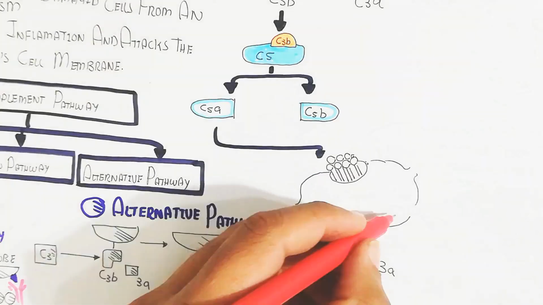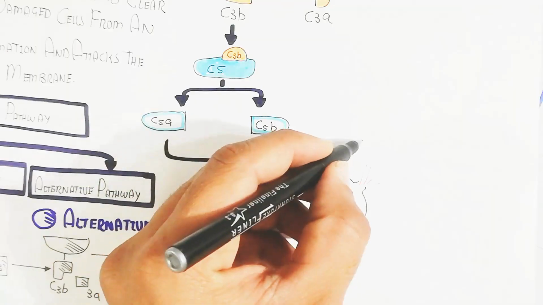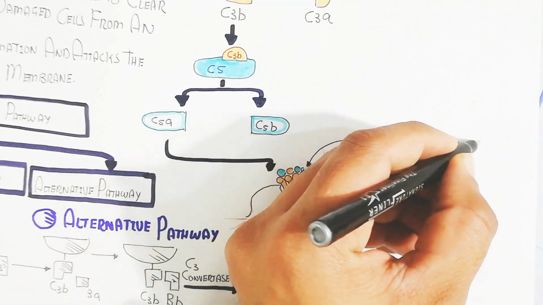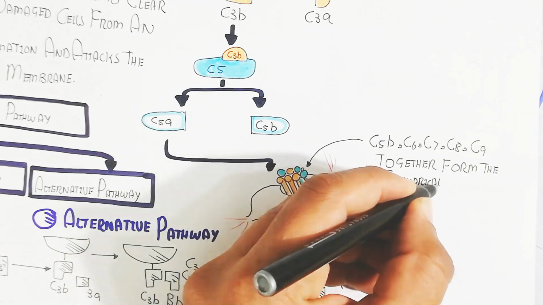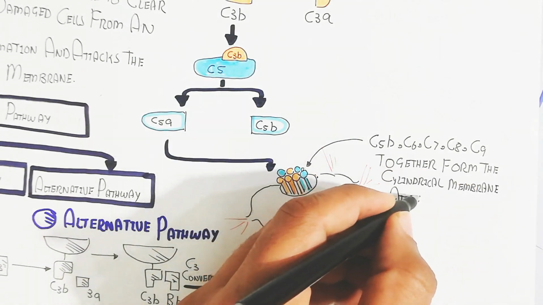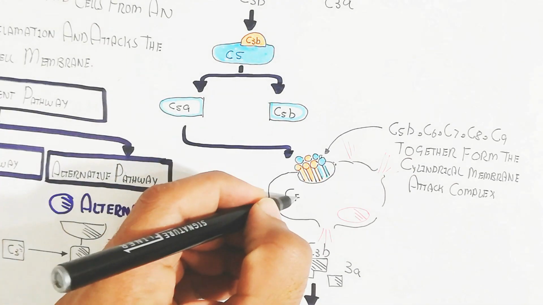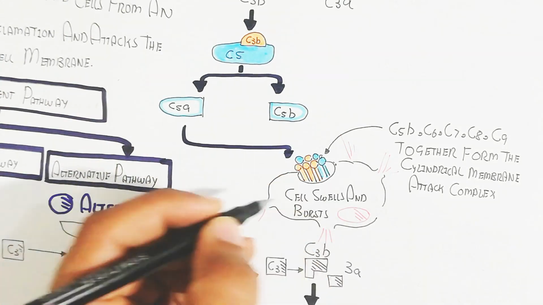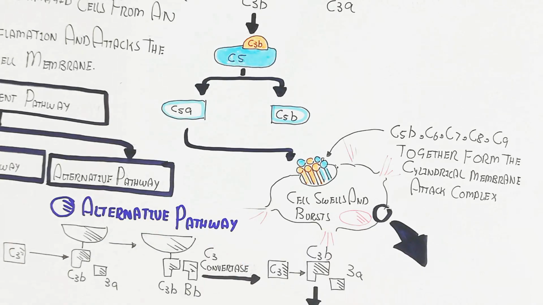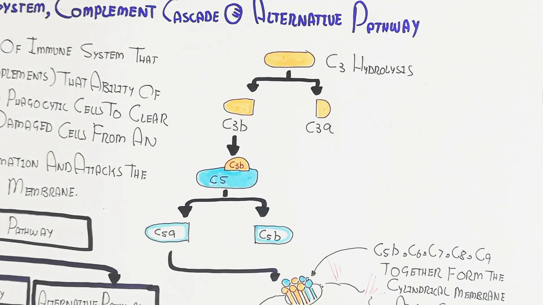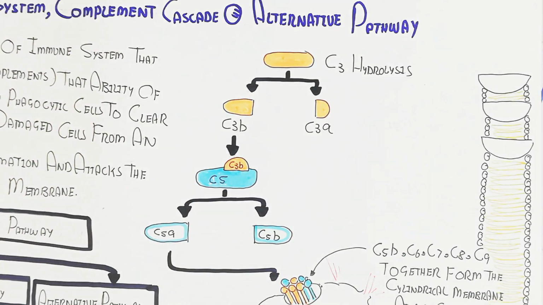And in this way, C5b, 6, 7, 8, 9 will form a complex that attaches in the membrane, causing the cell to swell and burst, together forming the cylindrical membrane attack complex.